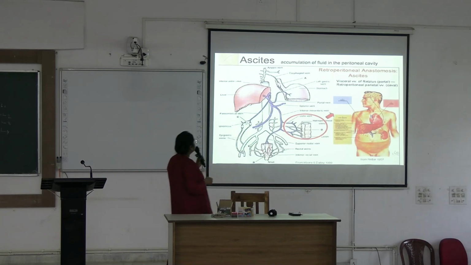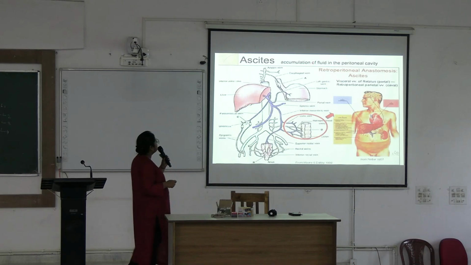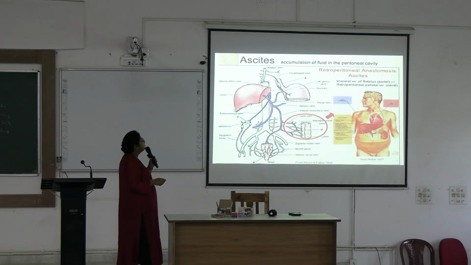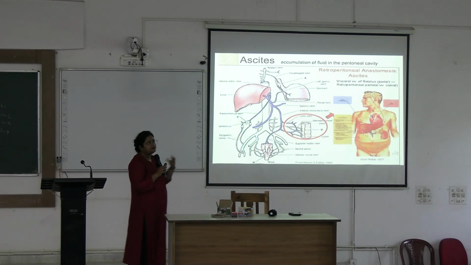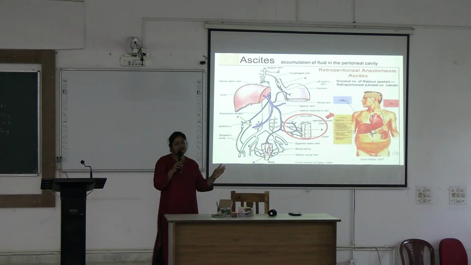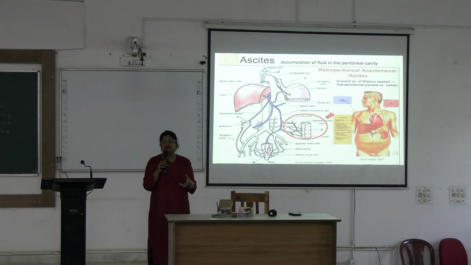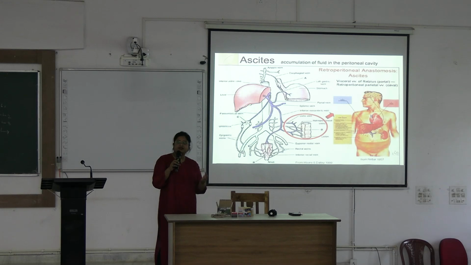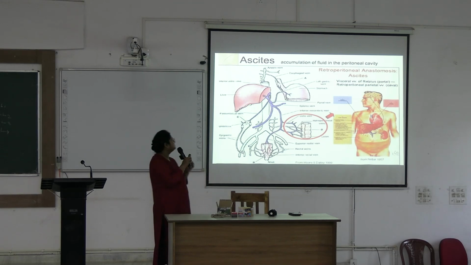Next, there is ascites. Ascites is accumulation of fluid in the peritoneal cavity. When the venous drainage is not occurring, fluid tries to escape and accumulates in the peritoneal cavity, and that is the development of ascites.